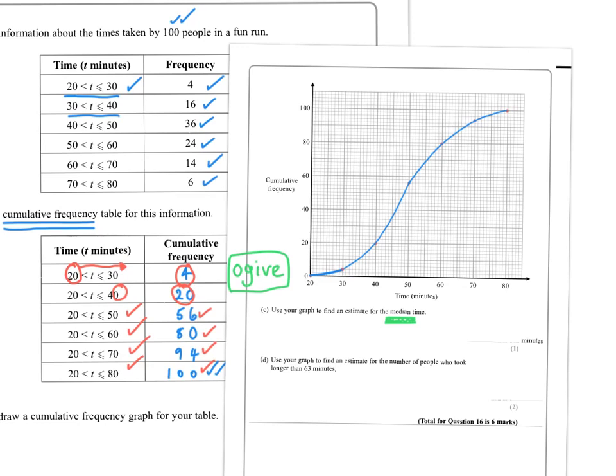So if you go to the 50th, here, and then you should use a ruler and just basically go along to your ogive and then read downwards. You end up with around 49 minutes.